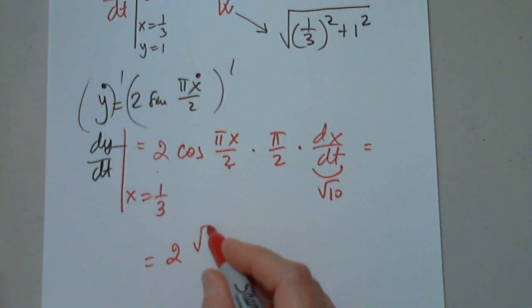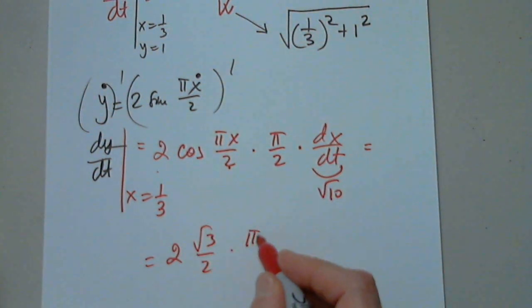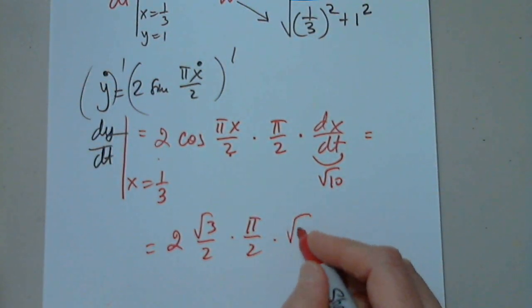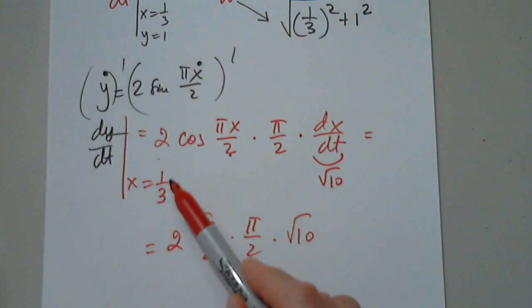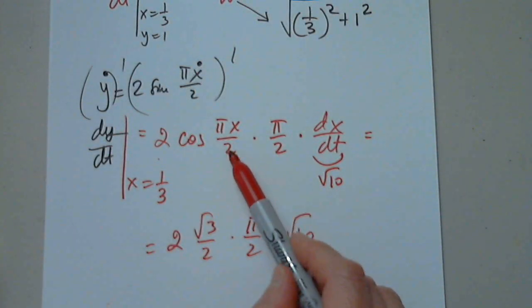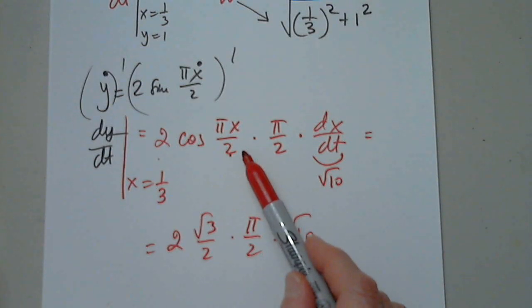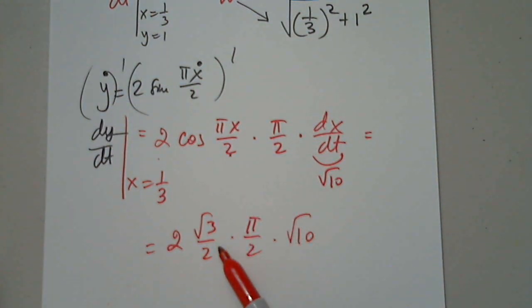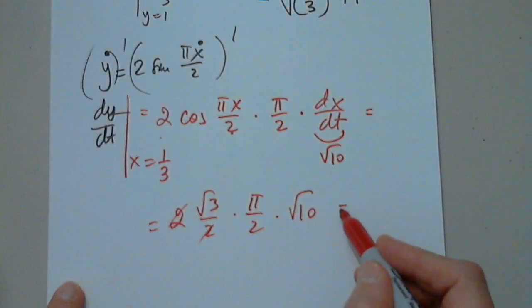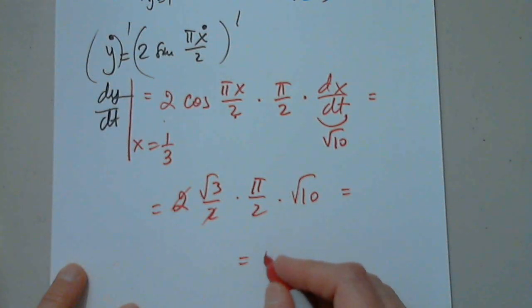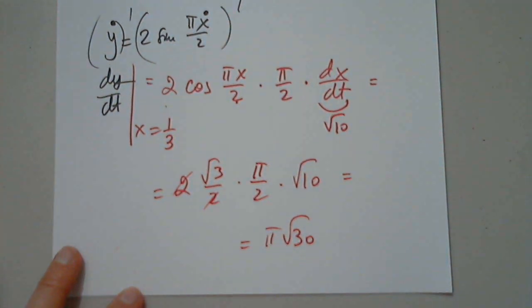Cosine pi over 6 is the square root of 3 over 2, times pi over 2, and times the square root of 10. I have to copy pi over 2, and I am given the square root of 10. Yes, I will simplify these two. So I have pi times the square root of 30.